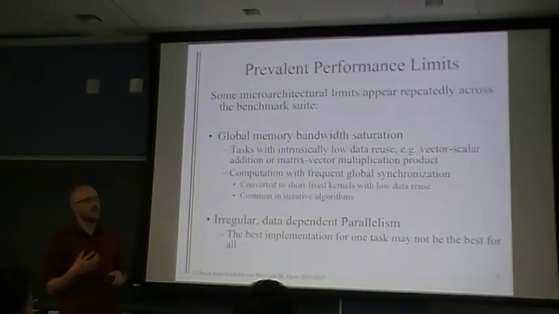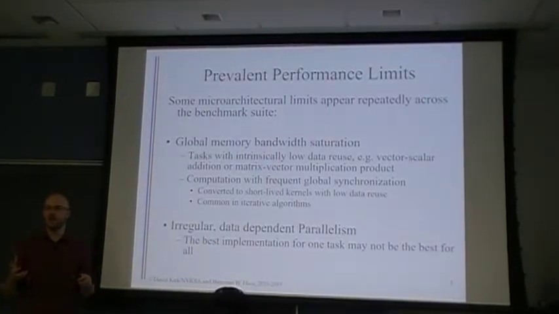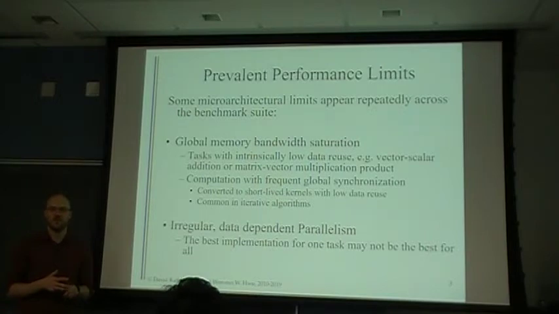And another problem that we face, which is kind of related, is that if there's some kind of global synchronization that needs to be done across all of your cooperative workers, and you have short-lived kernels, so some kind of iterative algorithm, say when you implement the breadth-first search, that's just a single wavefront, right?